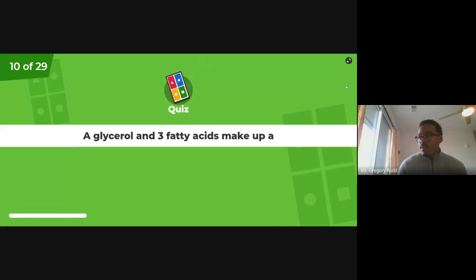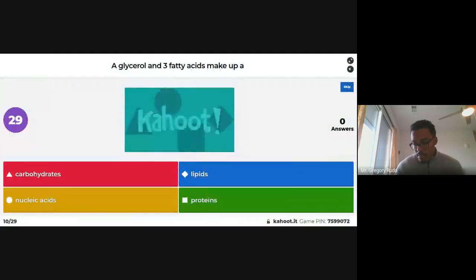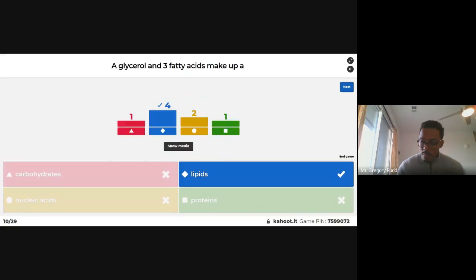A glycerol and 3 fatty acids make up a... Good, lipids.